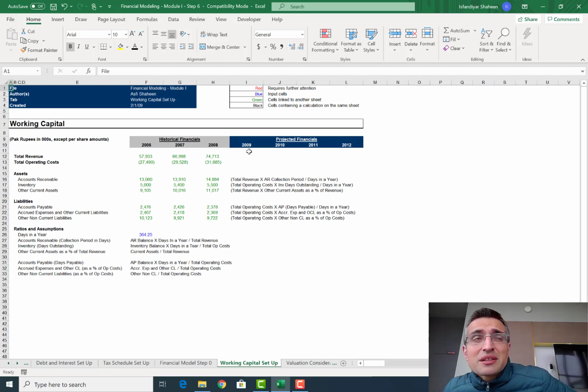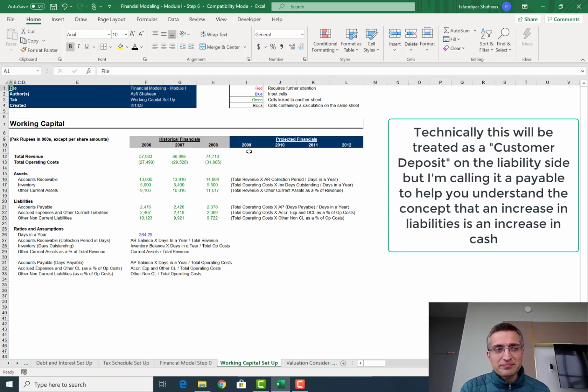Here's how you can think about that. Let's say you told your student, no, I'm not going to first do the services and then get paid. You need to pay me in advance and then I will deliver the services. In this case, you have a payable. You have received the cash, but you have not performed the services as yet.